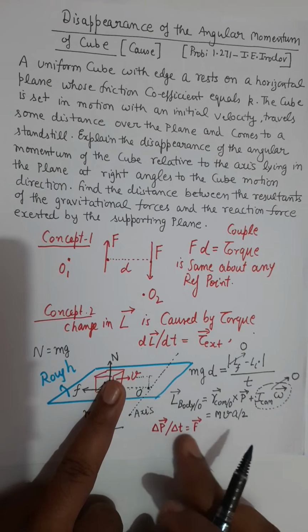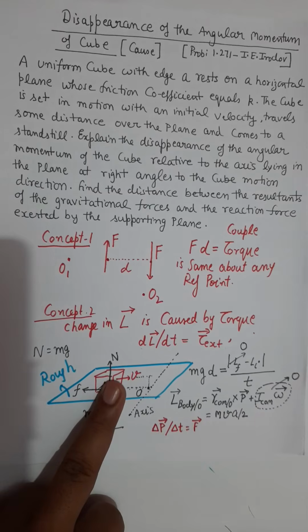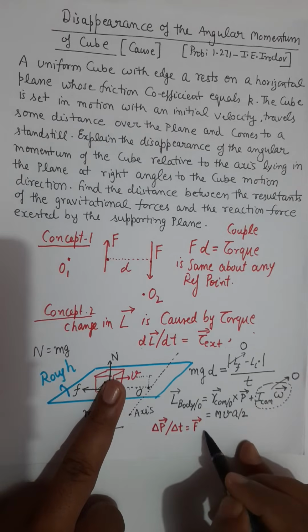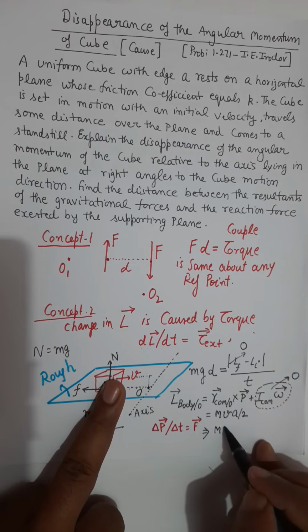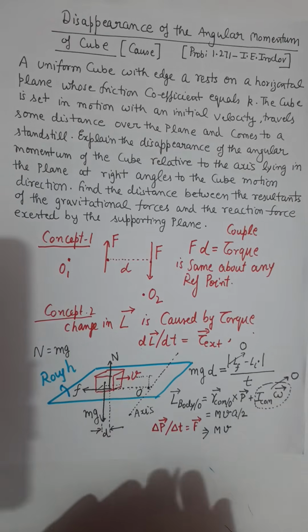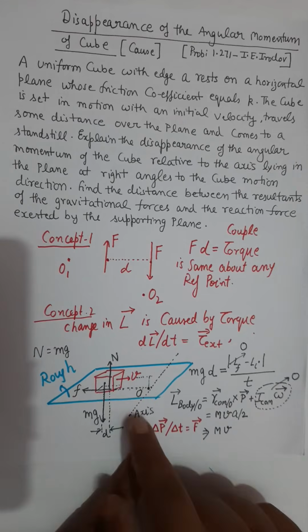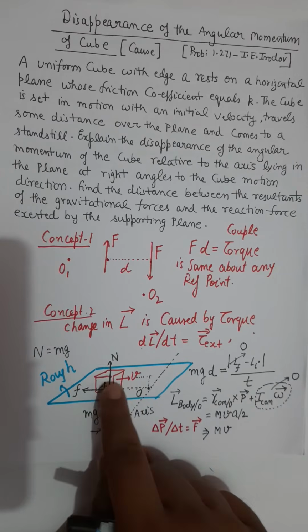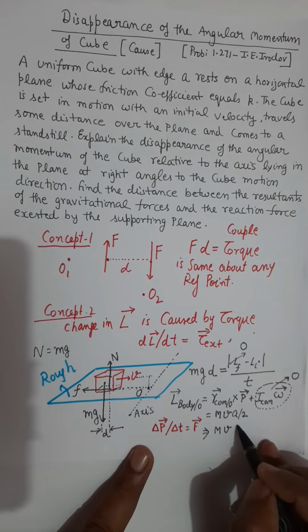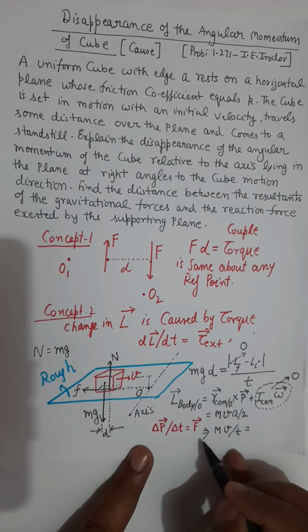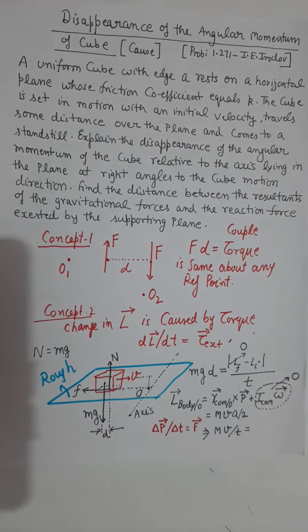I will use this equation in scalar form, the magnitude form only, so the change of linear momentum is mv. I am not using any vector or sign convention. mv is the momentum, which becomes 0 because the cube stops. So mv over time, which we require, should be the force which decreases the linear momentum.